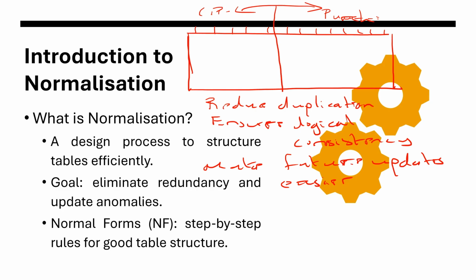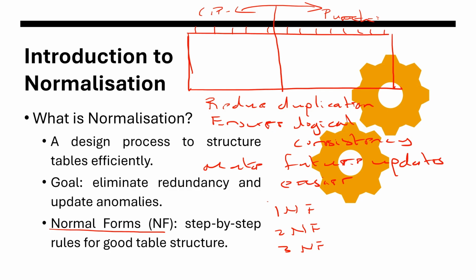And we have a series of steps called normal forms. You have the 1NF, which we will refer to as the first normal form, the second normal form, and the third normal form.